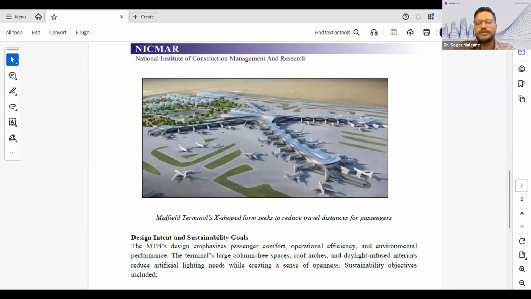Now people have started using various AI applications, because through BIM you generate a lot of information, and sometimes it becomes very difficult to interpret or handle that information. So through various AI applications, a lot of data parsing and information filtering can happen, and then various analysis can be carried out.